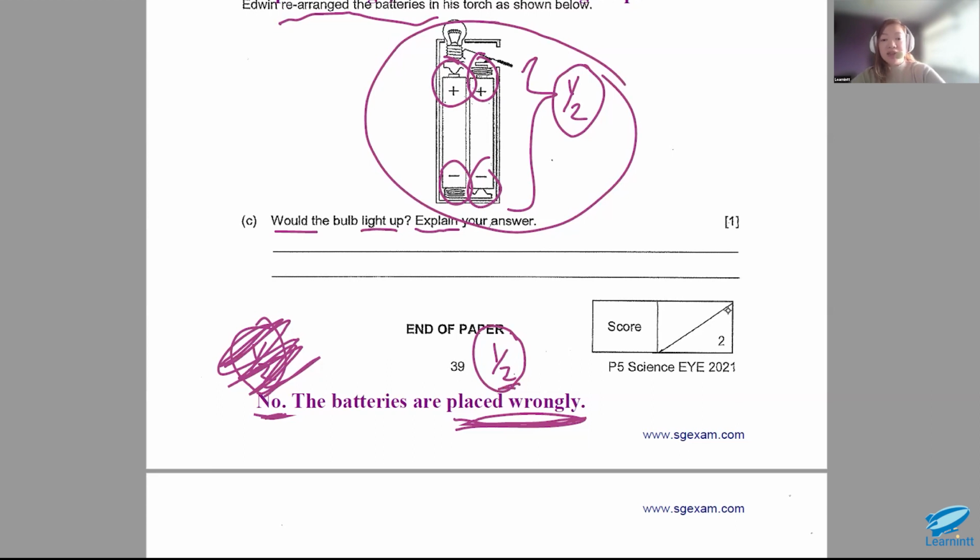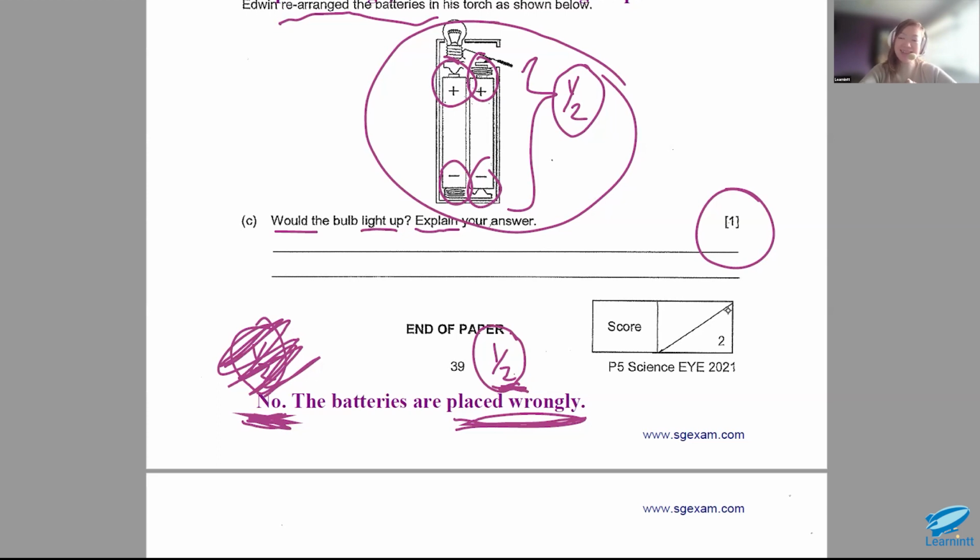And the other half mark is writing out that it has been placed wrongly. You get 1 mark. The part about no, it would not light up, is something you have to write in. So there are 3 parts to this question. If you give me 2 parts out of 3, I'm only going to give you half mark. But if you give me all 3 parts, I will give you the full 1 mark. That's how they allocate the mark.